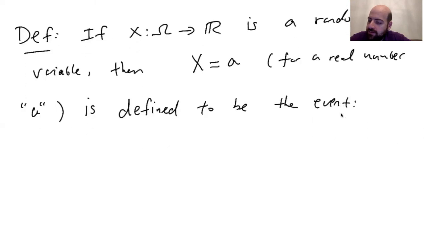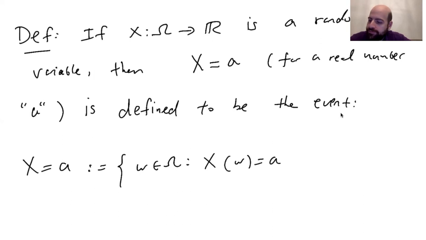So, X equals a, we are going to define it as the event {omega in omega such that capital X of omega is equal to a}.